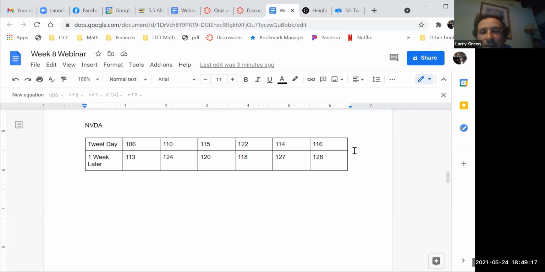So then I went and I looked for a stock that specifically reacted to it. Have you guys ever heard of NVIDIA? They're a chip manufacturer for gaming chips especially, but for other things too. I noticed that NVIDIA stock was doing that. So what I have here is data that I collected personally on what I call tweet day and 1 week later for the price of NVIDIA.